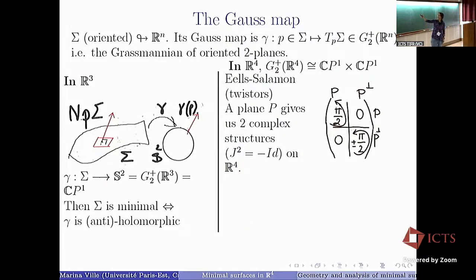So we have these two sets of complex structures on R4. The difference between the plus and the minus is a question of orientation.